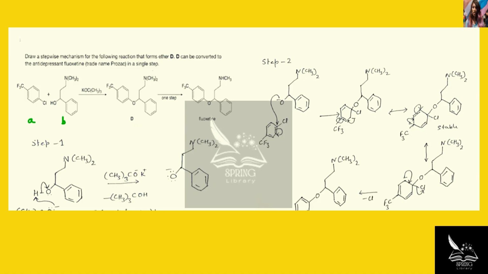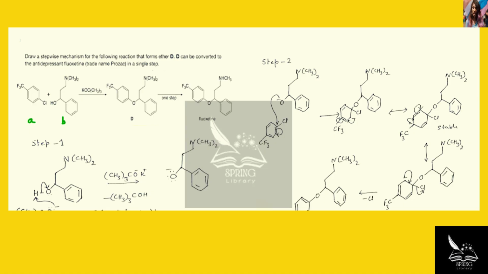Here first of all, in step 1, we are starting with the B compound, which is 3-dimethylamino-1-phenyl-1-propanol. So this compound is the starting compound for us, and in the presence of potassium tertiary butoxide, we are getting the tertiary butoxide anion.